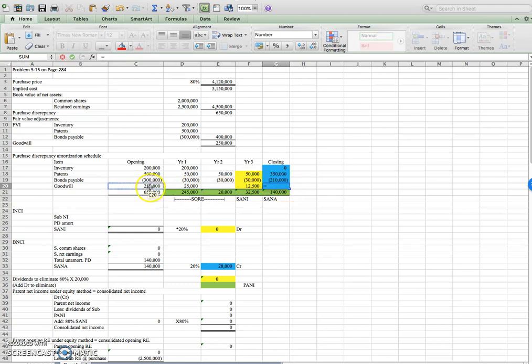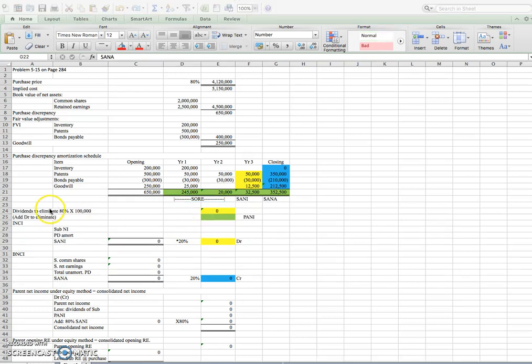And our goodwill, 250 less the 25 less the 12,500. So our closing final position will be 352,500. Now remember, SANA is our sub's adjusted net assets, SANI is our sub's adjusted net income, and SOAR is our sub's opening retained earnings.